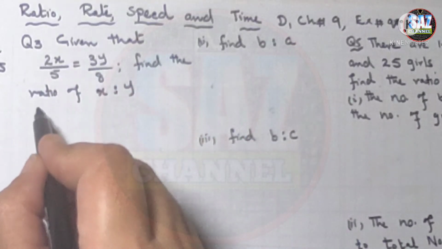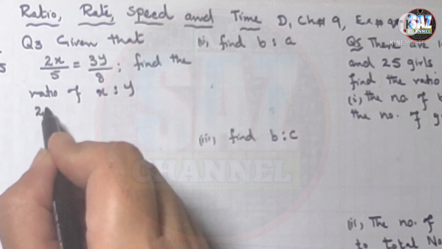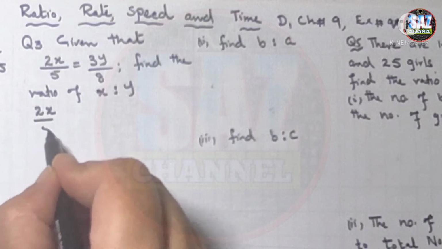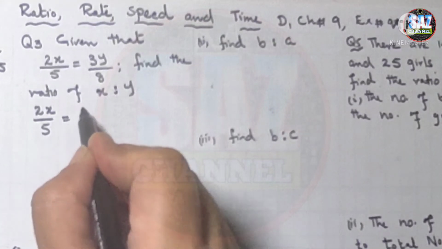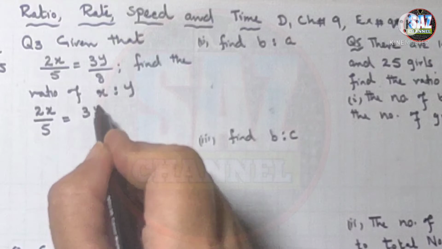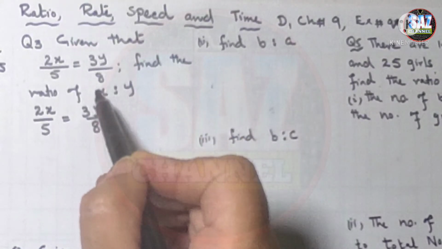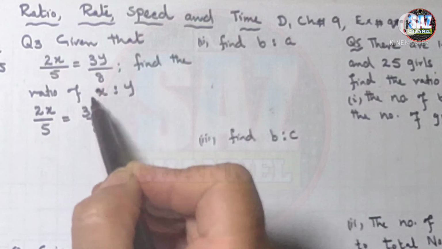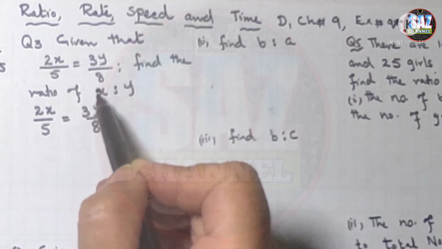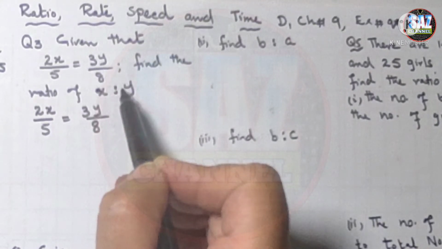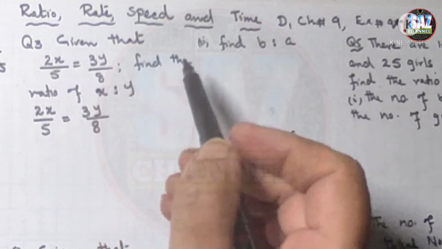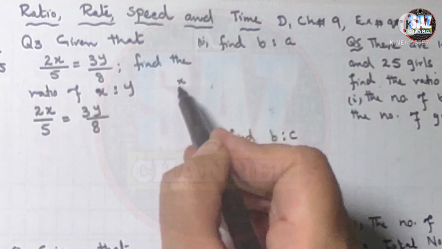So what we can do is first of all write down the question. 2x by 5 equals 3y by 8. Now look students, this expression is giving us the idea that x ratio y means x over y.